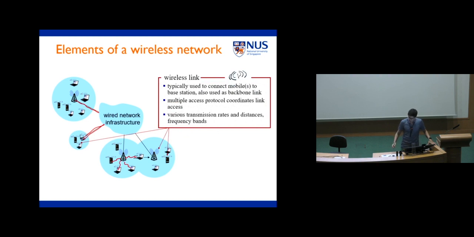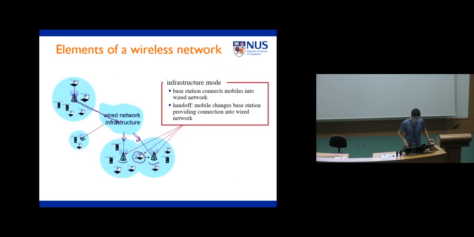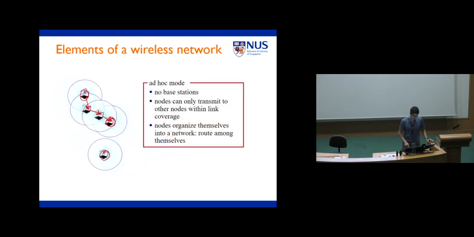What we call between these wireless hosts and the base stations are wireless links. And we also learned about two modes: infrastructure mode, where we have base stations coordinating wireless hosts, and the ad hoc mode, where we don't have base stations, but the wireless hosts organize themselves.